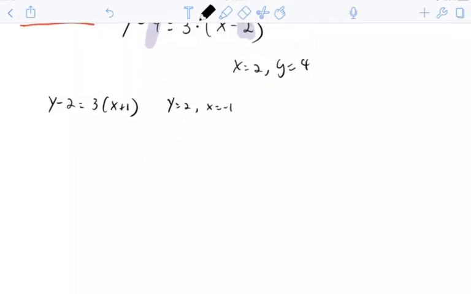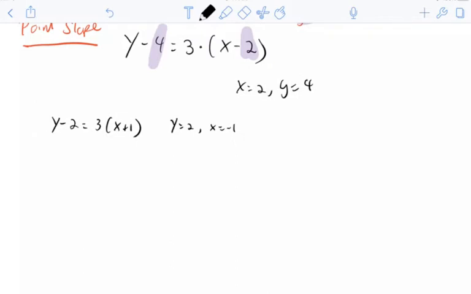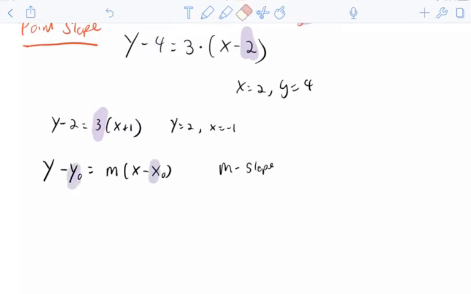But this is actually pretty neat. So this comes back to the form of the point-slope form. The form of the point-slope form is written like this, y minus y0 equals m times x minus x0. And it's written like that for a reason. m is the slope, so the number out front is the slope. So the slope on this one is 3, okay? And then these two numbers, that number and that number, so in the first case it was this number and this number, and in the second case it's this number, and you have to be careful about that one.